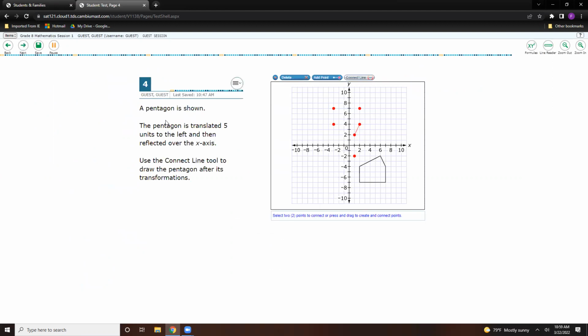Okay, here it says that a pentagon is shown. Translating 5 to the left. Remember that in this case, we have to just move each point 5 units. 1, 2, 3, 4, 5. So we don't count the beginning. This is like Monopoly. Once you move, make a step, you count 1, 2, 3, 4, 5, and then reflect it over the x-axis.